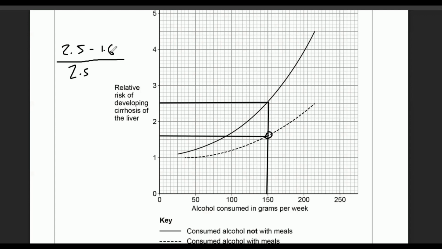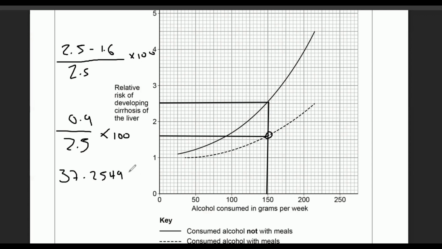And then what we want to do is times 100. So 2.5 take away 1.6 is 0.9. Essentially we're doing 0.9 over 2.5, change it into a percentage by timesing by 100, and we are going to get like 37.2, 549, something like that. It's up to you what you round that to.